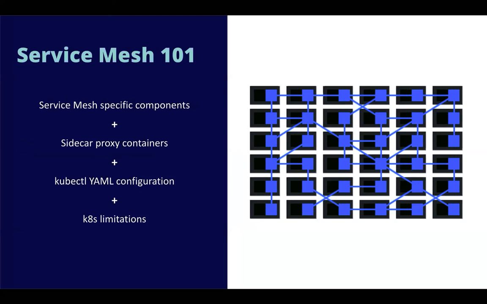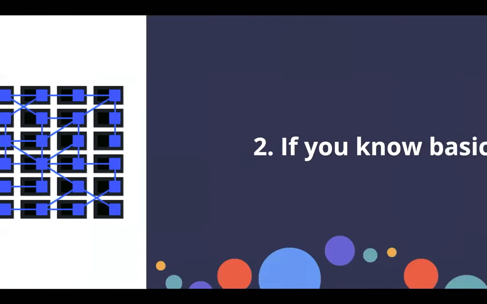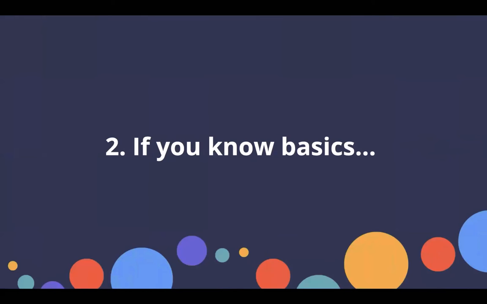And then you basically work with YAML configuration to instruct the service mesh what to do, where to do, how to route the traffic, and so on. And we do all of that to basically extend Kubernetes, or to overcome Kubernetes networking limitations. And that's pretty much it for the basics of service mesh.